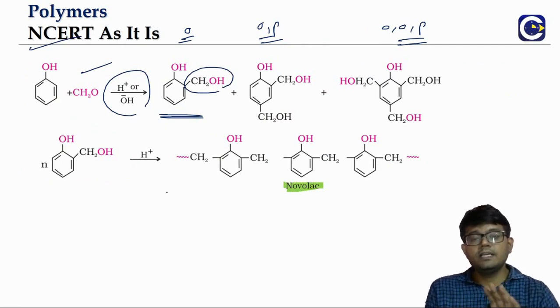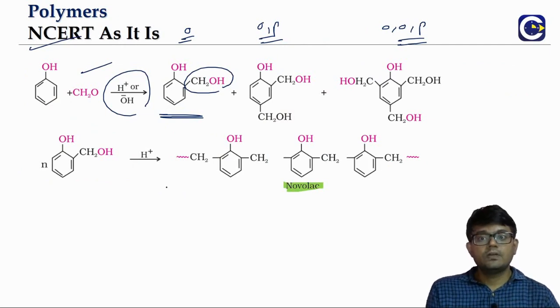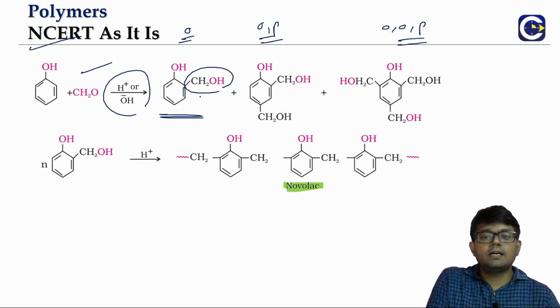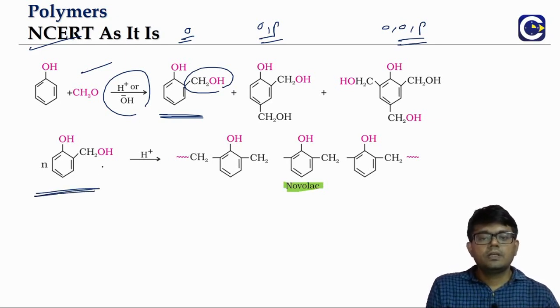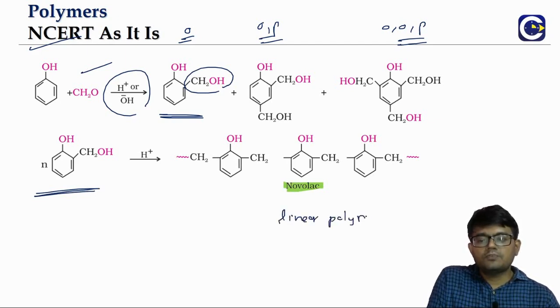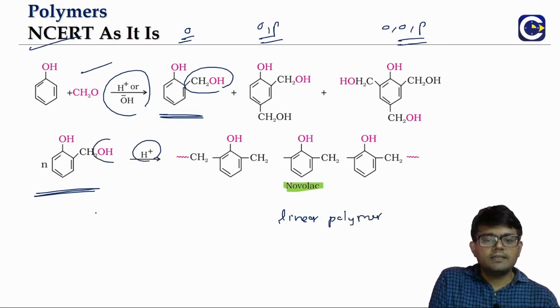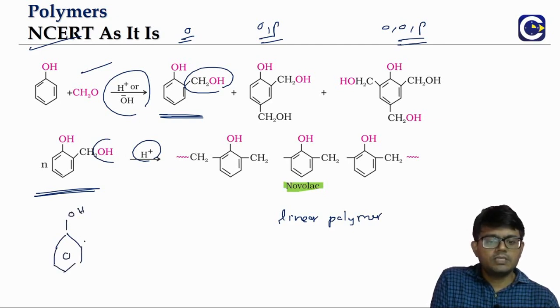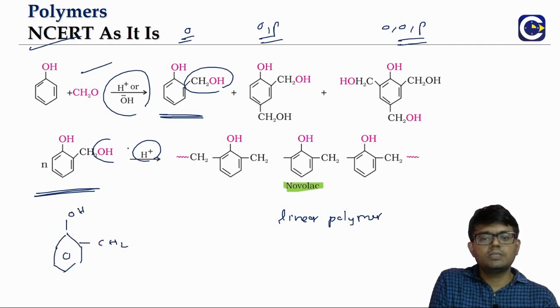Now for the sake of simplicity, let us assume that we are having just the ortho derivative. If the ortho derivative is forming a linear polymer, so you see here from the ortho derivative, here by using a proton we can remove the OH part, and thereby what we will be able to obtain, OH, CH2, the OH is removed.